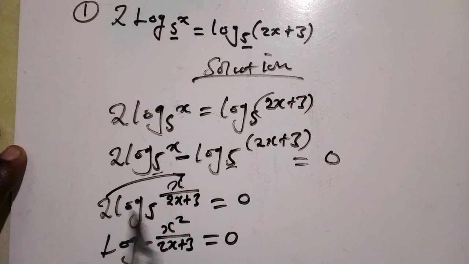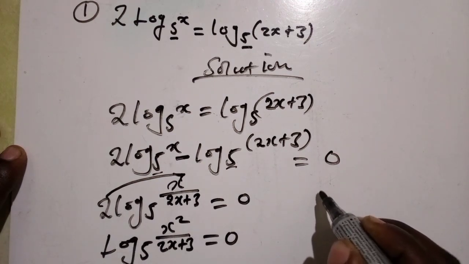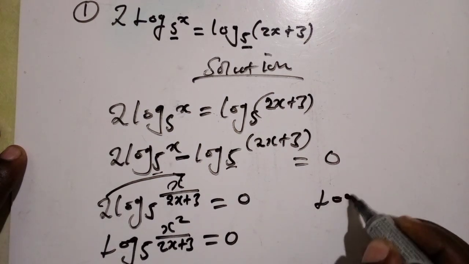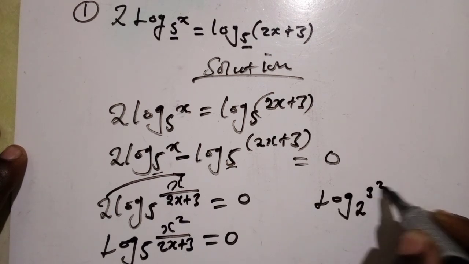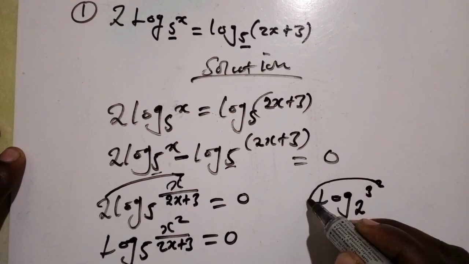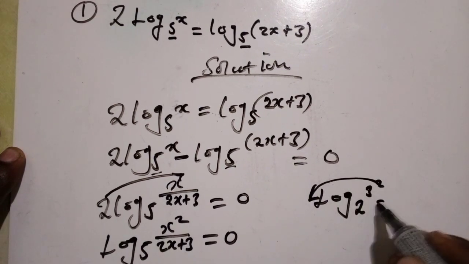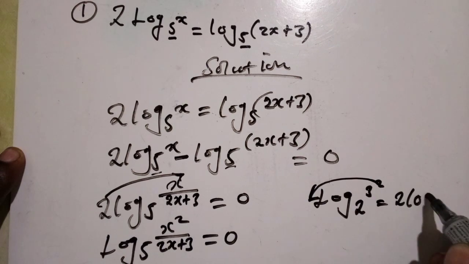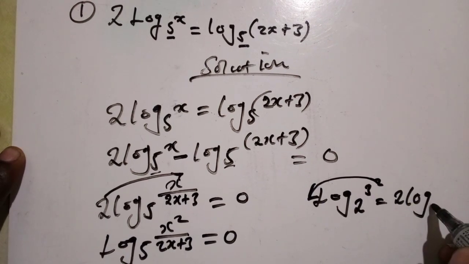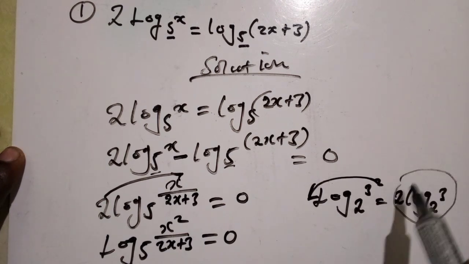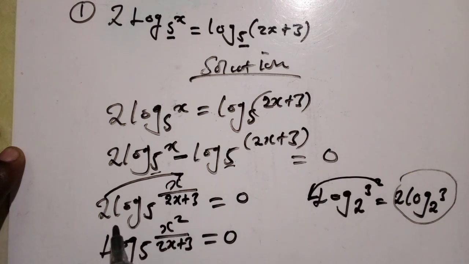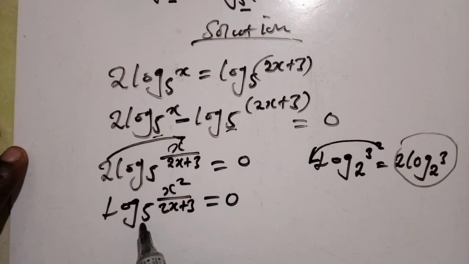There's a law which I used, which says that if you have log of 2 to the power 3, the power drops down, so it will be 3 log 2, meaning we get this term back to this term here. That's what I used here. So we reach log base 5 of x squared over 2x + 3.